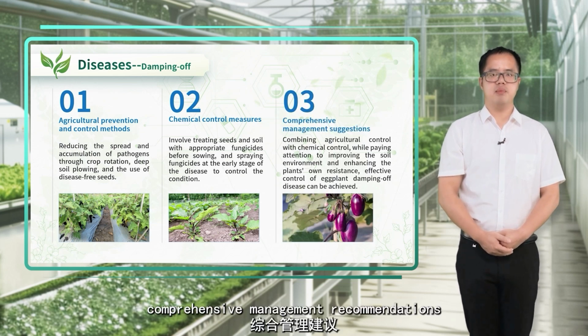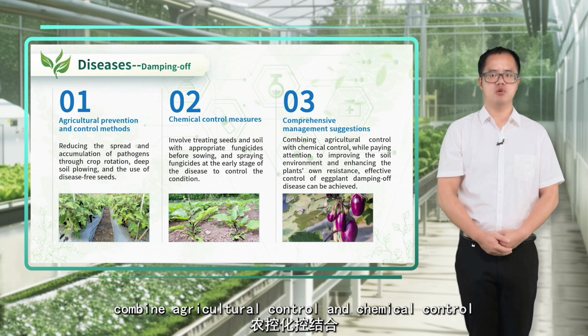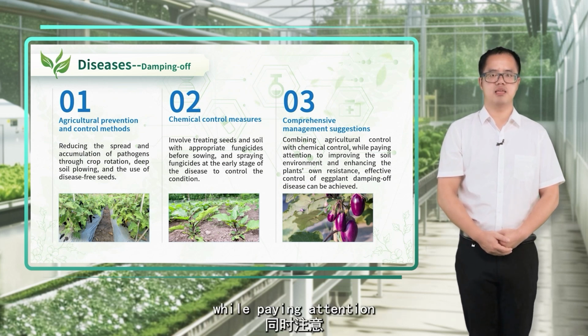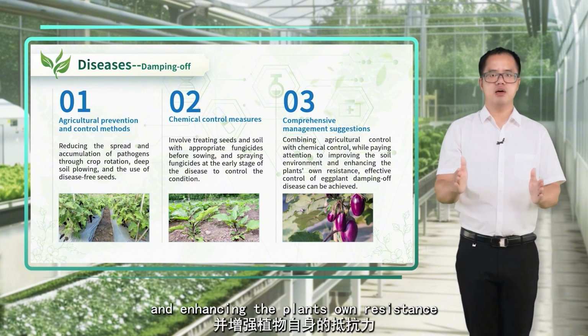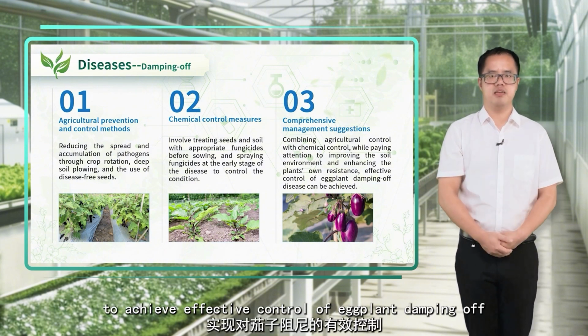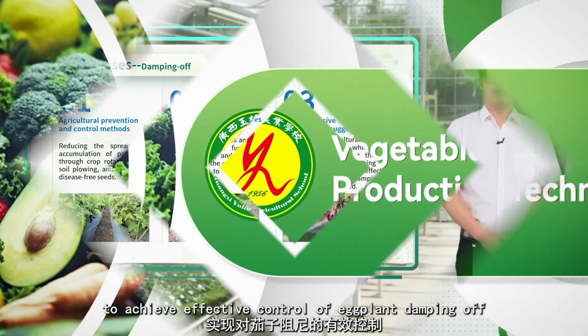Comprehensive management recommendations combine agricultural control and chemical control, while paying attention to improving the soil environment and enhancing the plant's own resistance to achieve effective control of eggplant damping off.